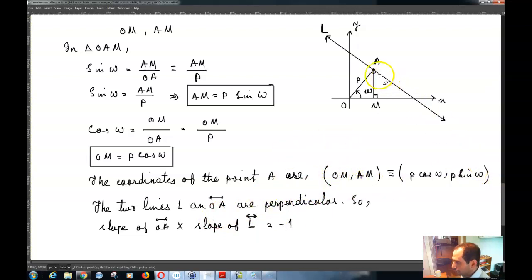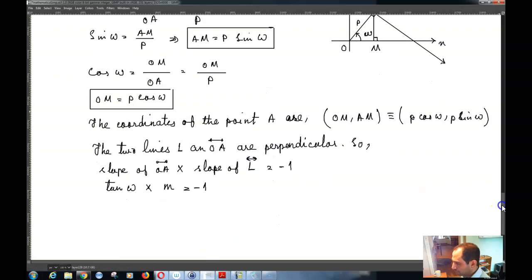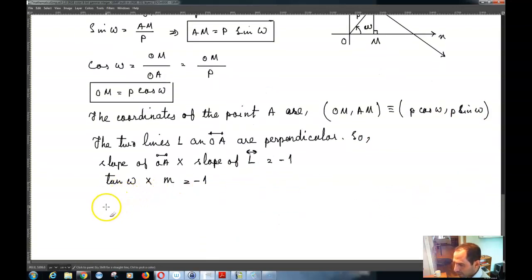The slope of the line OA is equal to tan omega, because that's the inclination of the line. And the slope of the line L, I can just write as M. That's equal to -1.